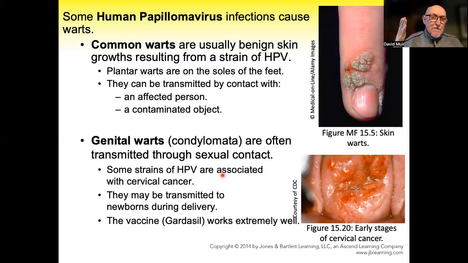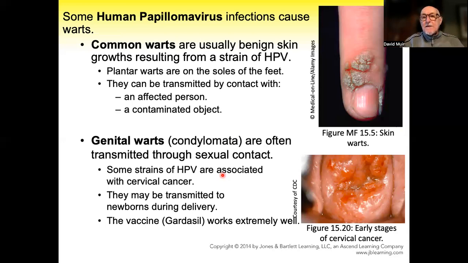Genital tumors of the penis are very unusual. They're far rarer than changes to the structure of the cervix. And the changes to the cervix can result in cervical cancer.